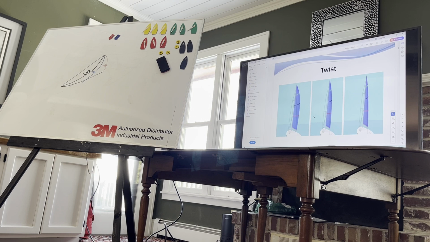When the breeze is at 12 to 14 and you're sitting on the high side and it's flat water, that's when you actually get to think about pointing. And that's when you can pull the main in.